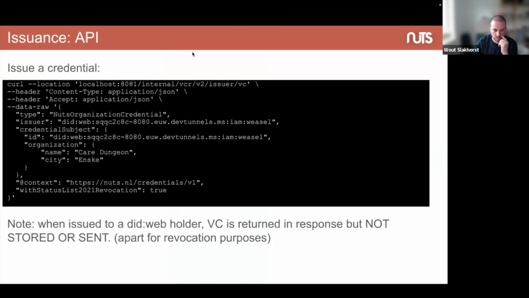Okay, so here's an example of the API call. It's the same URL as the current issue API. I think the contents is mostly the same, apart from the verification part, but I'll come back to that later.